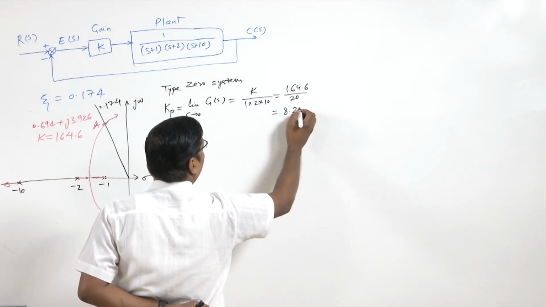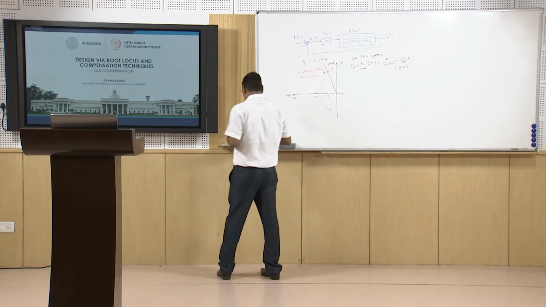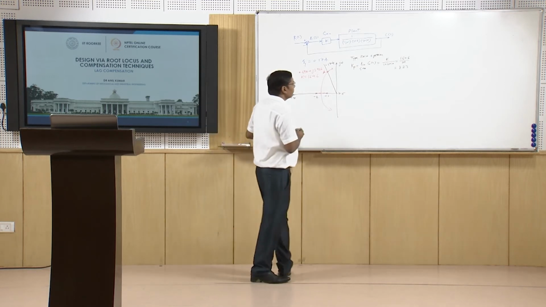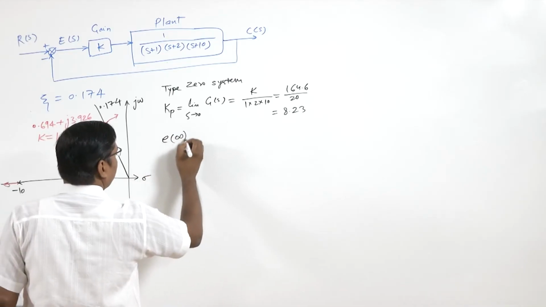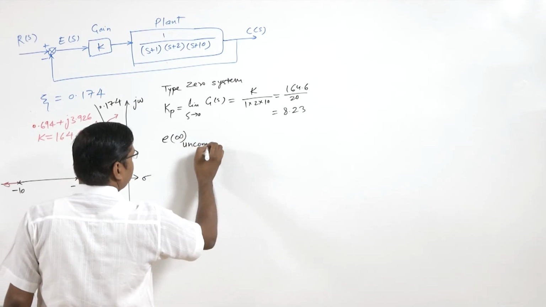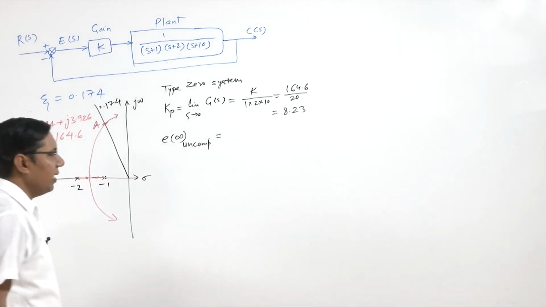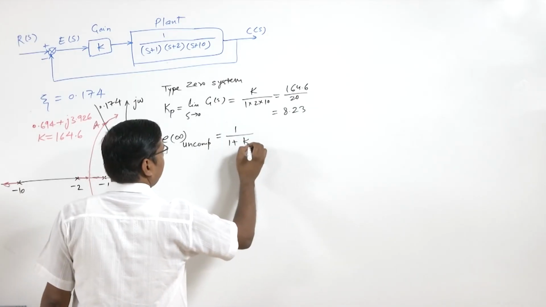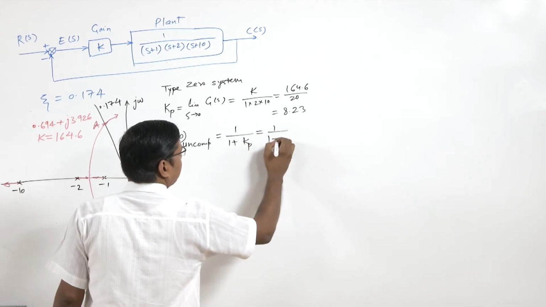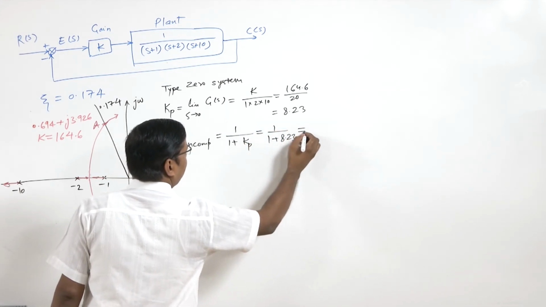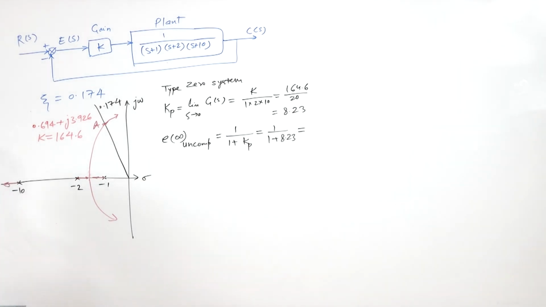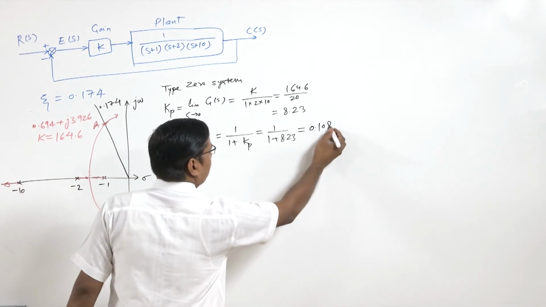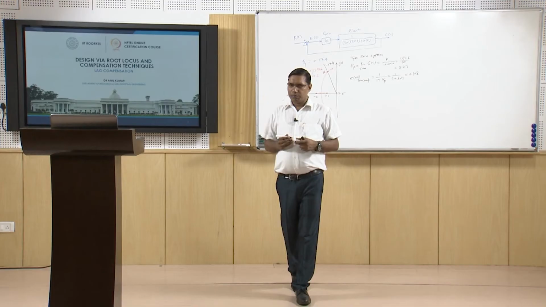So we get 8.23, this Kp, and so the uncompensated system has the steady state error 1 by 1 plus Kp, that is 1 by 1 plus 8.23, and this is 0.108. So this is the steady state error of the uncompensated system.